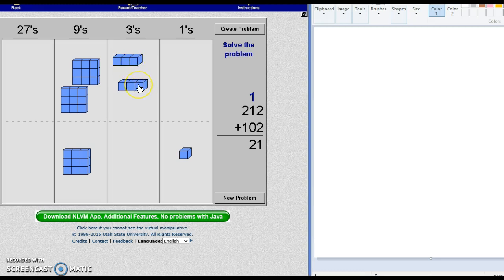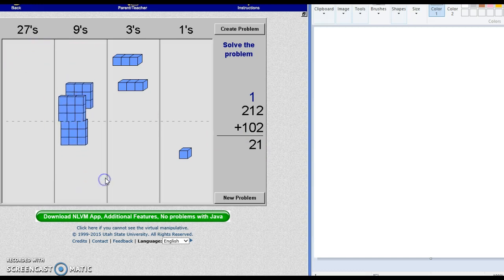And I've only got 2 3s, so that's fine. So you can see it's already been recorded down here. I do have 3 9s, and I want to take those and make a 27. So then I have 1 27, 0 9s, 2 3s, and 1 1. And again, you can see the carrying that's going on here. You can see how what we write for the standard algorithm matches up beautifully to what happens with the base pieces.